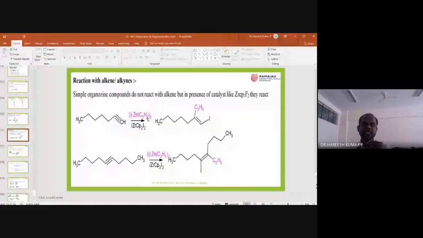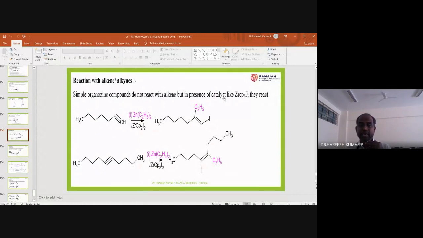Look here, reaction with alkene. Alkene means double bond. Simple organozinc compounds, maybe ethyl zinc or methyl zinc, do not react with an alkene, a double bond.